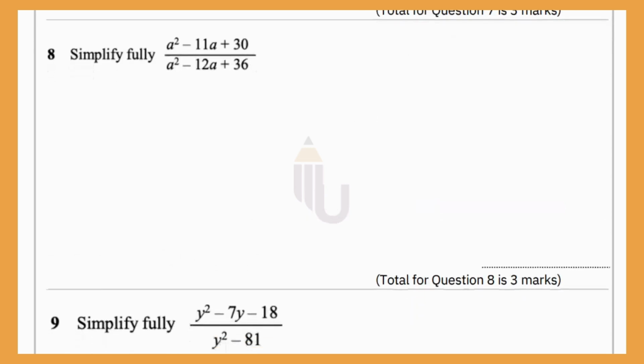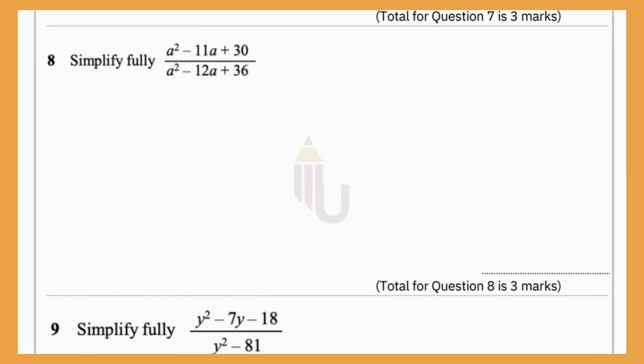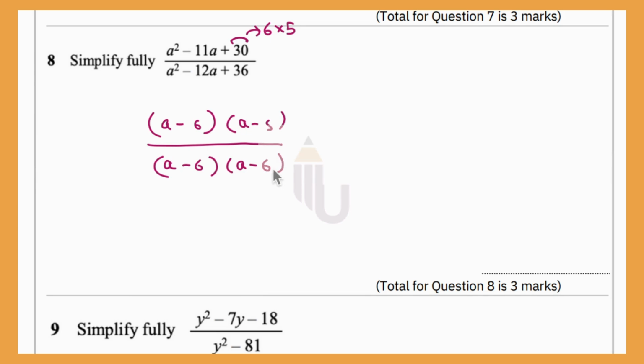Next question. Now in the 8th question, in the numerator and denominator we have both quadratics. 30 can be written as 6 and 5. So from here, it can be written as a minus 6, a minus 5, while in the denominator it is a minus 6, a minus 6.